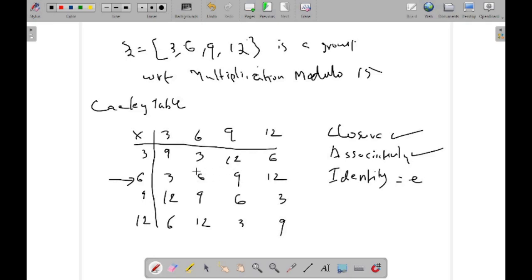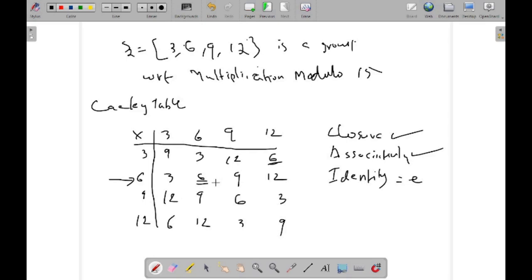Here you can see the inverse. 3 into 12 is 36, mod 15 it is 6, the identity element. And you can see 6 into 6, 36 mod 15 is equal to 6, the identity element.